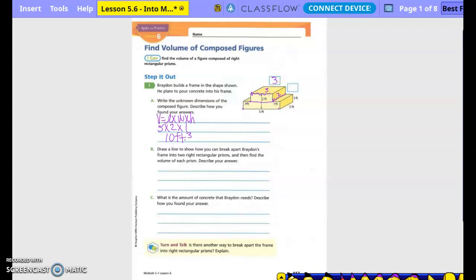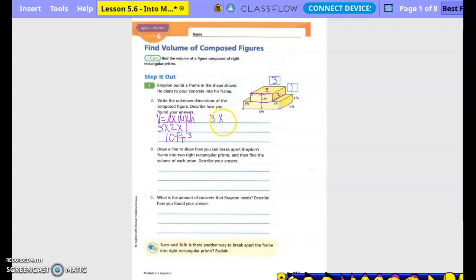And what's our height? They say from here to here is 2 feet, but we only need 1 layer, right? We need to get rid of this 1 foot, so then that makes the height 1 foot as well. So our dimensions for this one would be 3 for the length.